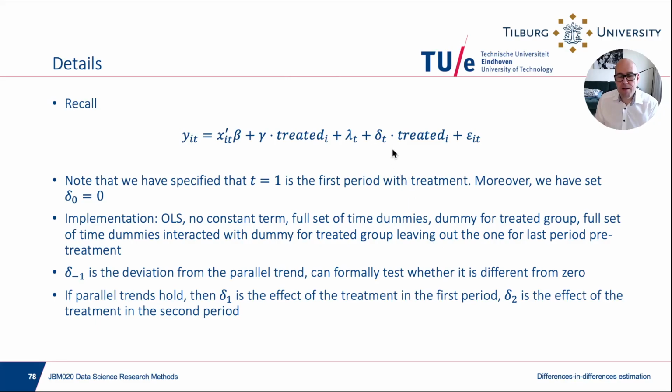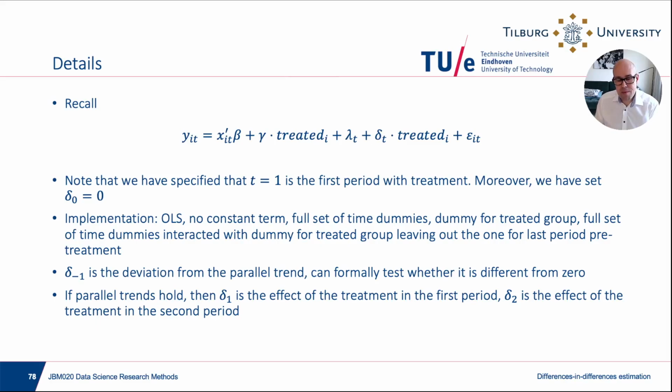These will have the coefficients lambda t, a dummy for the treated group, which will have the coefficient gamma, and a full set of time dummies interacted with the dummy for the treated group. This will give us the estimates of delta t. And what we have to do is leave out the interaction term between the time dummy and the treated group for period 0, which is the last period pre-treatment.